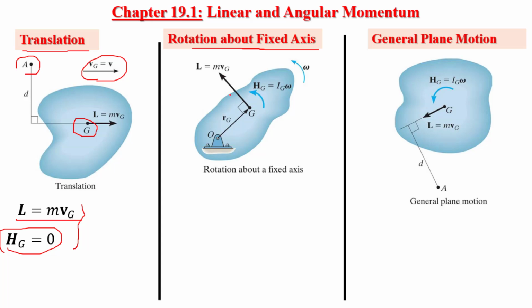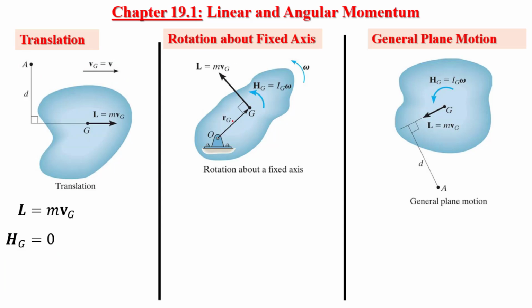If this type of motion is with respect to a body that is fixed at the centroid, the linear momentum goes to 0. Why? Because the fixing point is at the centroid.